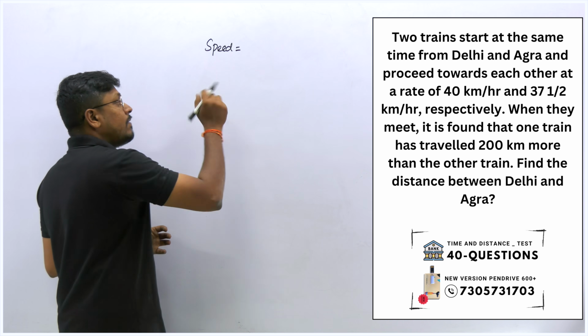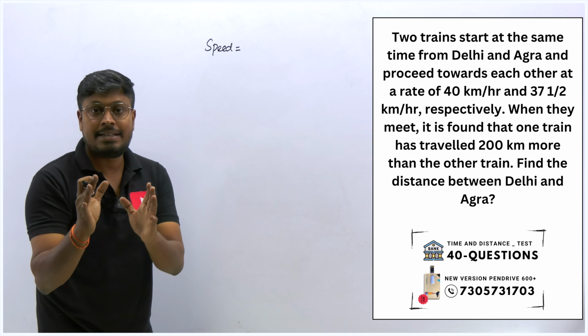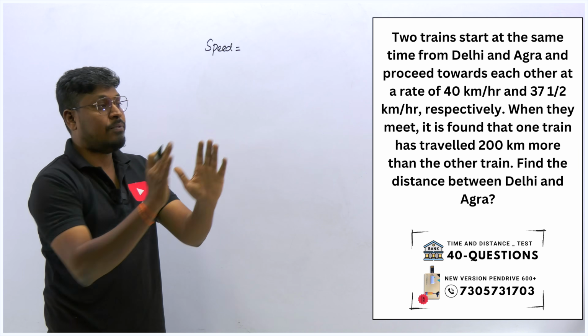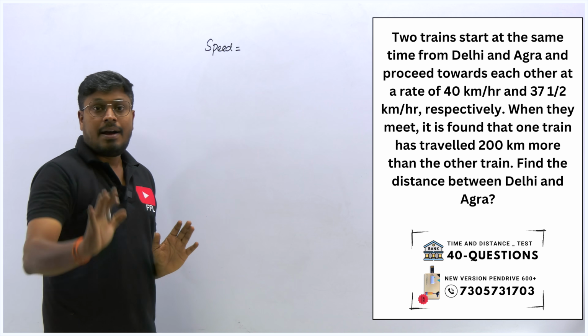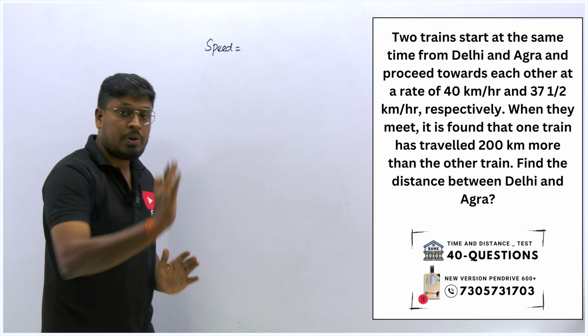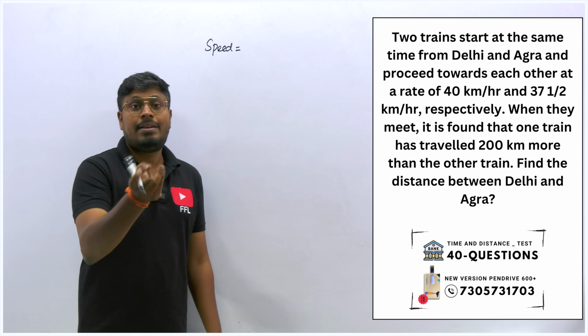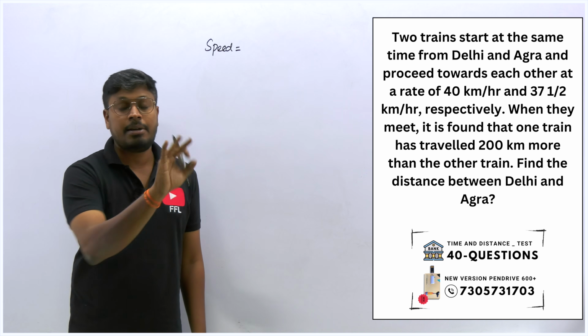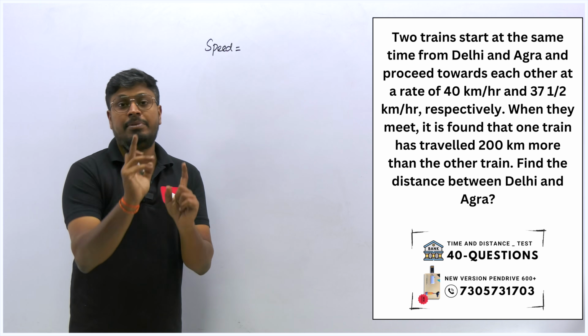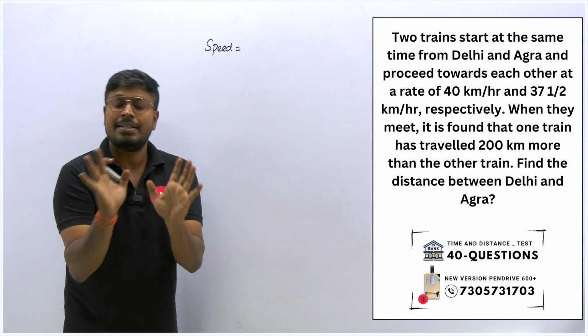That means the difference between the distances traveled by both trains is 200. Yes or no? Because if one train travels 1000 kilometers, the other train would have traveled 1200 kilometers. Only then can we say one train traveled 200 kilometers more than the other. That is the meaning of it.